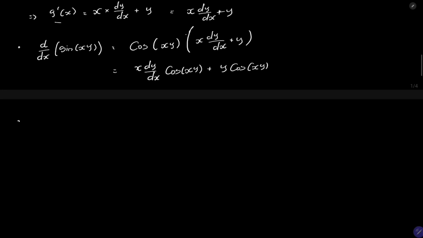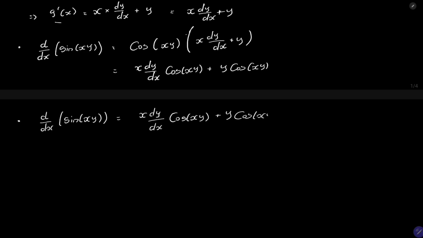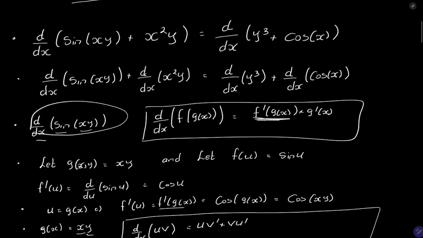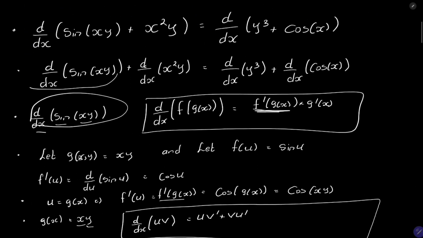So in conclusion, for our first term, the derivative with respect to x of the function sine of xy gives us x dy on dx times the cos of xy plus y cos of xy. So this is our first equation. We are done with deriving our first term. We are done with this derivative.